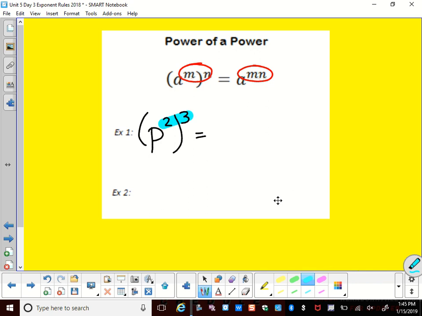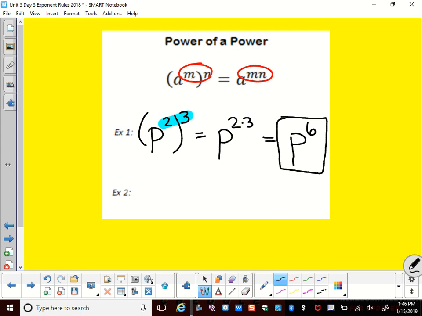What that means is I'm going to multiply my exponents. So this would be p to the power of 2 times 3, which is what? P to the 6th. So power to a power, we multiply.